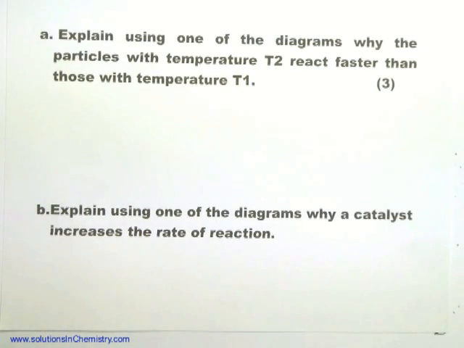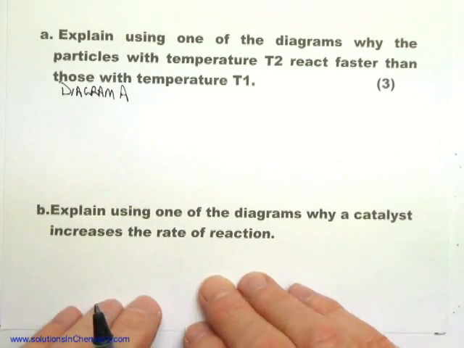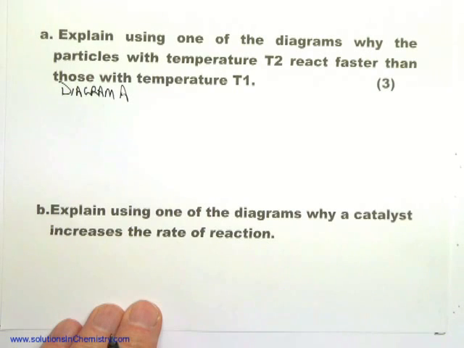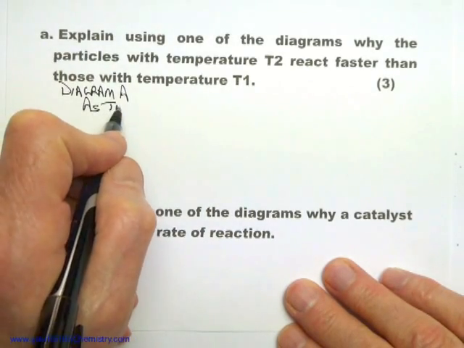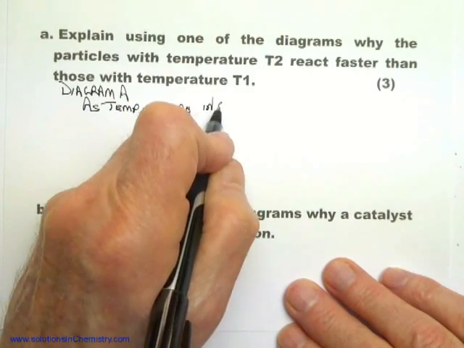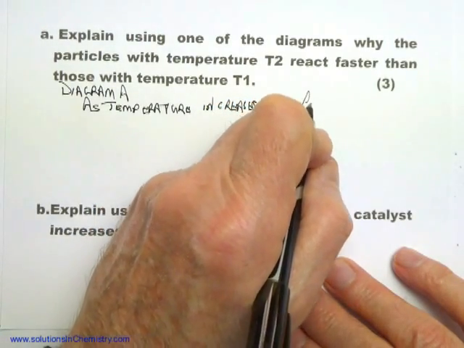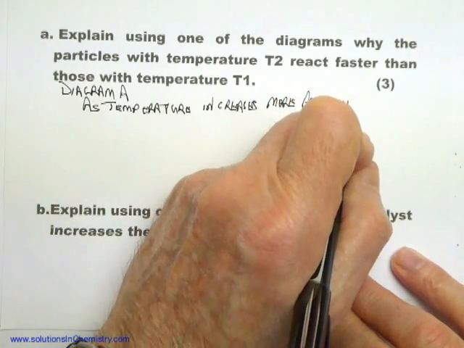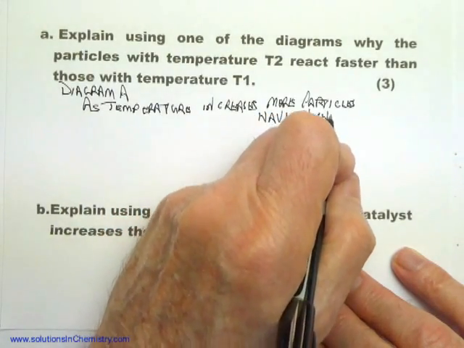Explain using one of the diagrams why the particles with temperature T2 react faster than those with temperature T1. Okay, we're using diagram A. And what we're going to say is that as temperature increases, more particles have higher energy.